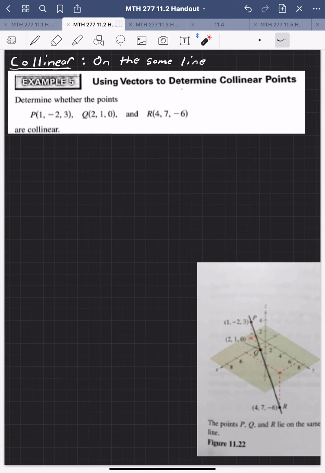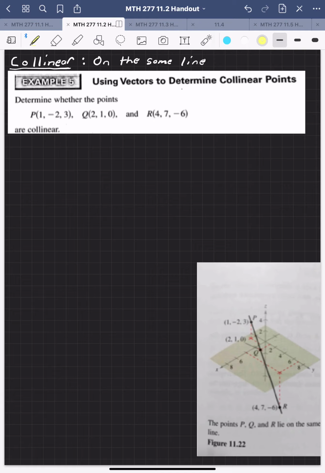Well, the way I'm going to do it, I can think of a few ways of approaching this, but since we're not told about vectors, we're given points in space.